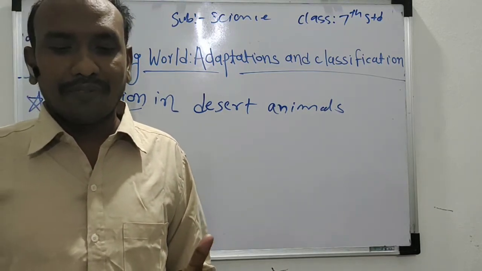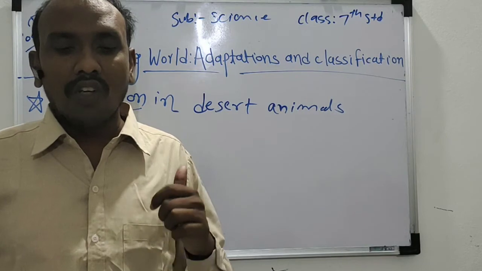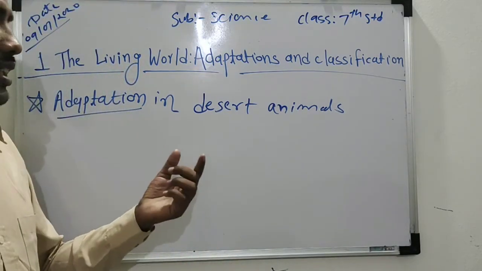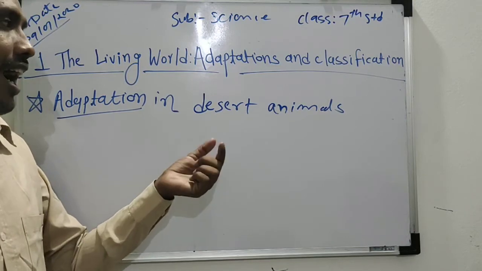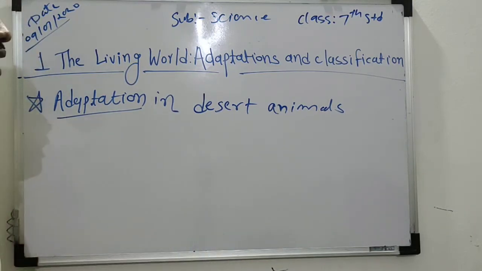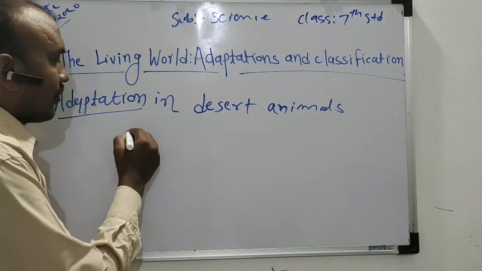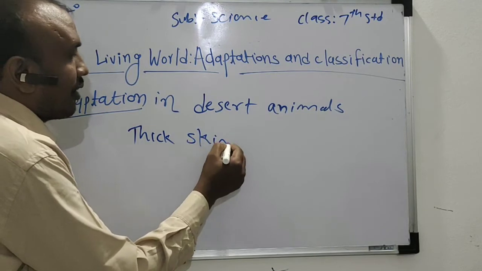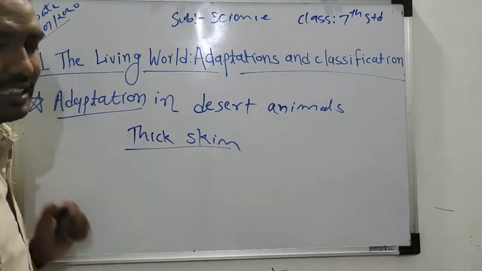Desert animals have thick skin. Thick skin means the layer is very hard. What is the use of thick skin?